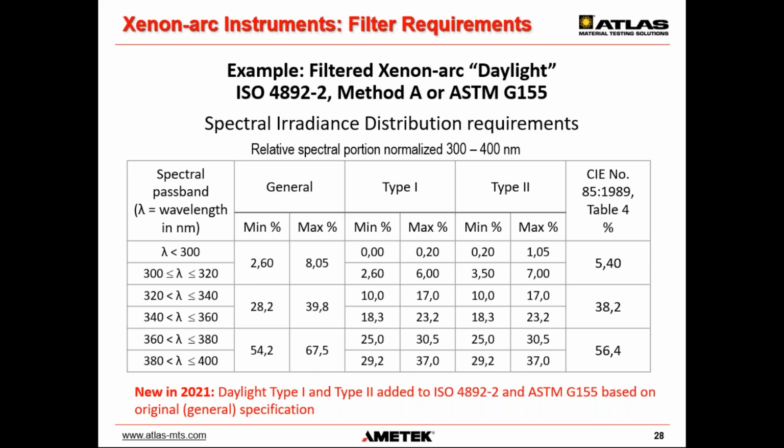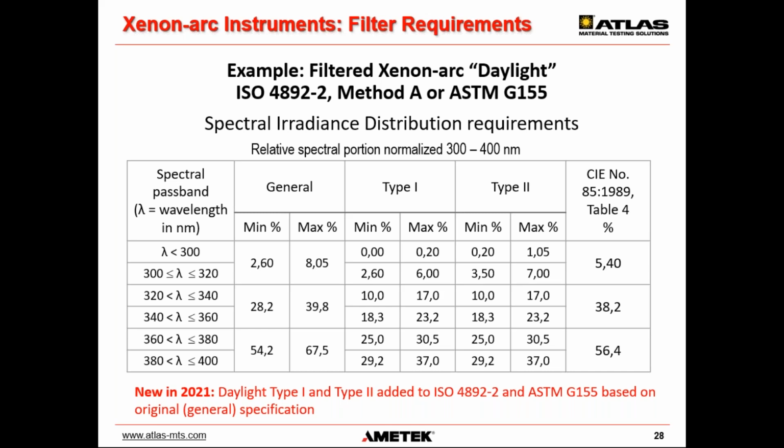Some standards are going to specify a particular type of filter, such as borosilicate inner and outer, or borosilicate soda lime for interior applications. While others, instead of telling you which specific filters to use, are going to give you these specifications in tabular format or graphical format, so you can select your filters, leaving how you get the simulation of that spectrum up to the manufacturer.